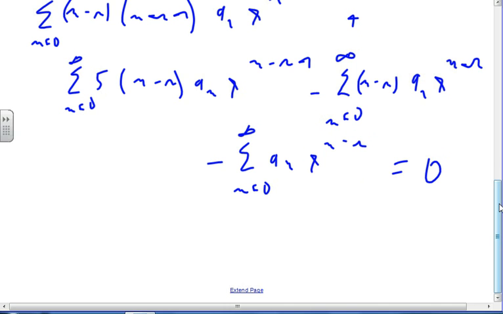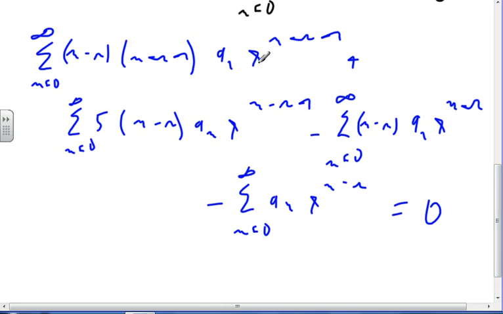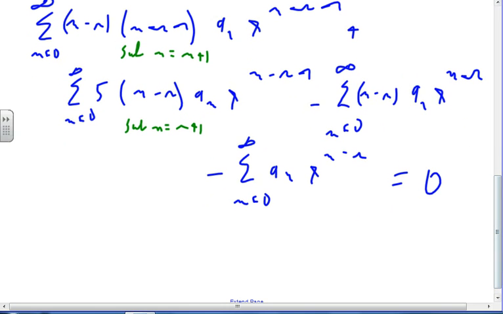All right, now we're going to want to have all the exponents be the same. So I've got an n minus r minus 1 in two of these terms. These other two are okay. So I'm going to do a substitution in this one, n equals n plus 1, and I'm going to do a substitution in this one, n equals n plus 1, and I'll keep the other two the same.